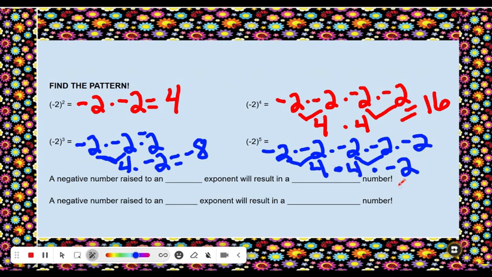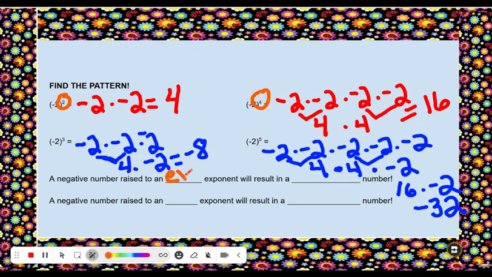So 4 times 4 is 16 times -2. I'm running out of room here. 16 times -2 is -32.